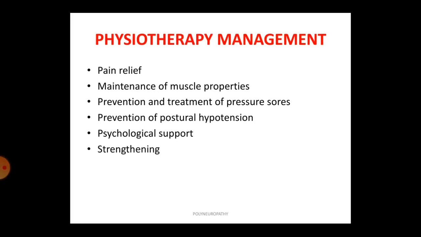Then strengthening exercise. As much as it is possible, we should increase the strength of the patient to make the patient more and more functional. Then functional training. Whatever the patient's occupation is, if possible, we should give that type of training, so that the patient is able to continue his profession, or at least activities of daily life should be taught.